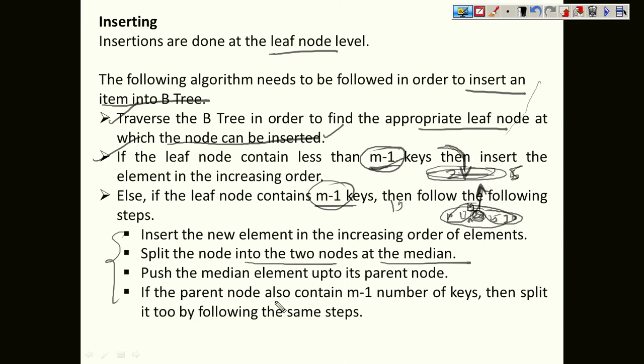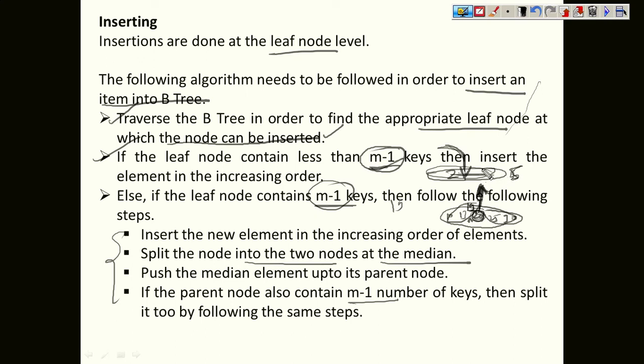If the parent node also contains m minus 1 number of keys, there is a possibility that the parent already contains 5 keys. Let's say we assume 5, so it already contains 5 keys. That means if you move this median value to the parent, the parent will contain 6 values. In that case, it will again violate the property, and you have to apply the same procedure again.